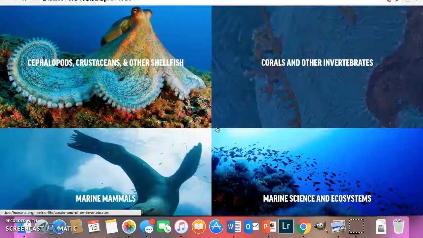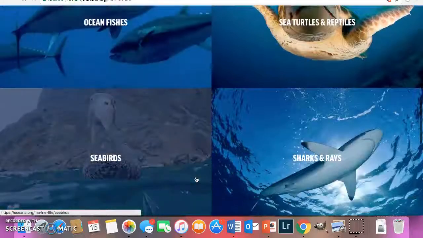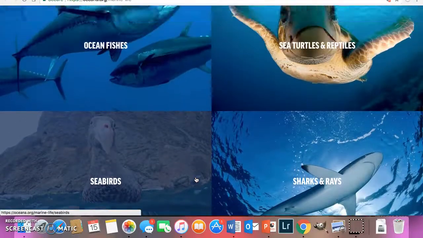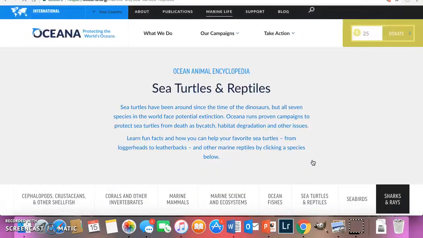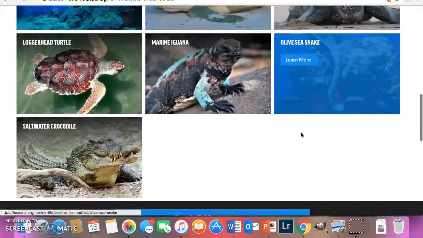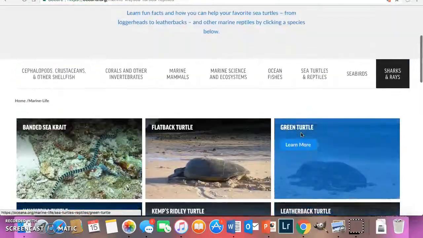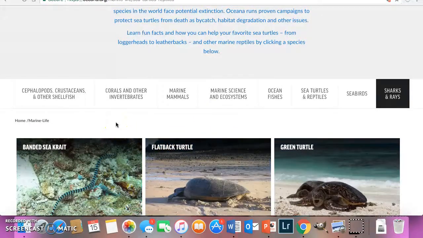Here you have all different kinds of areas and subjects you could look under. If we want to look at sea turtles and reptiles, we would click on that, and it would bring us to the different types of sea turtles and reptiles within the ocean, which allows you to read about those animals.